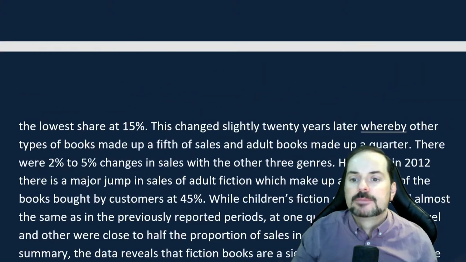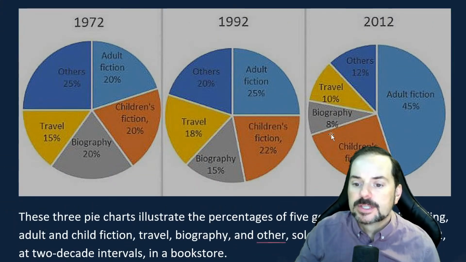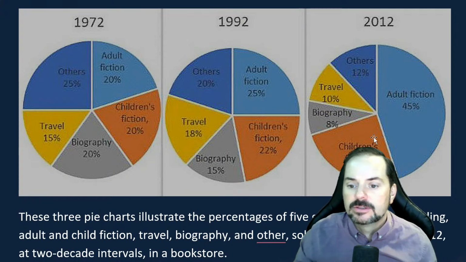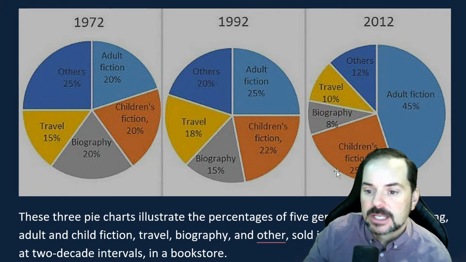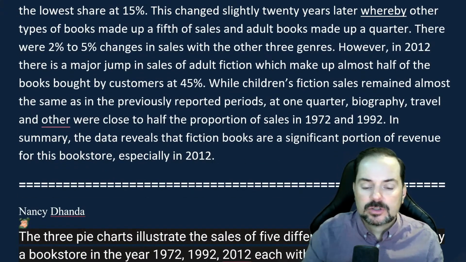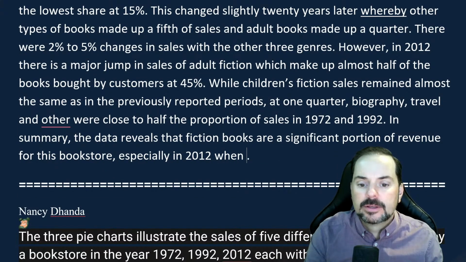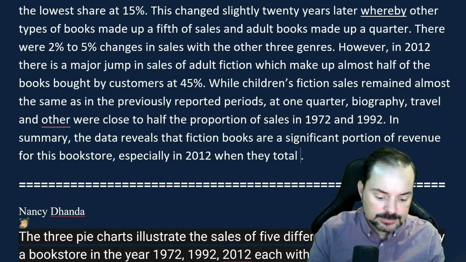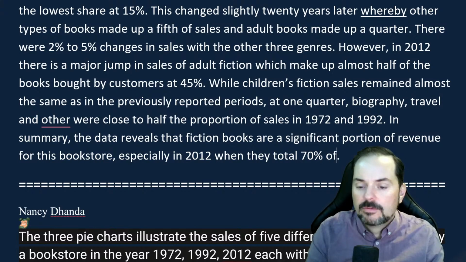In 2012, fiction books, now that's combining adult and children's, make up 70% of sales, and you can even do that if you're really clever, especially in 2012 when they total 70% of all sales.